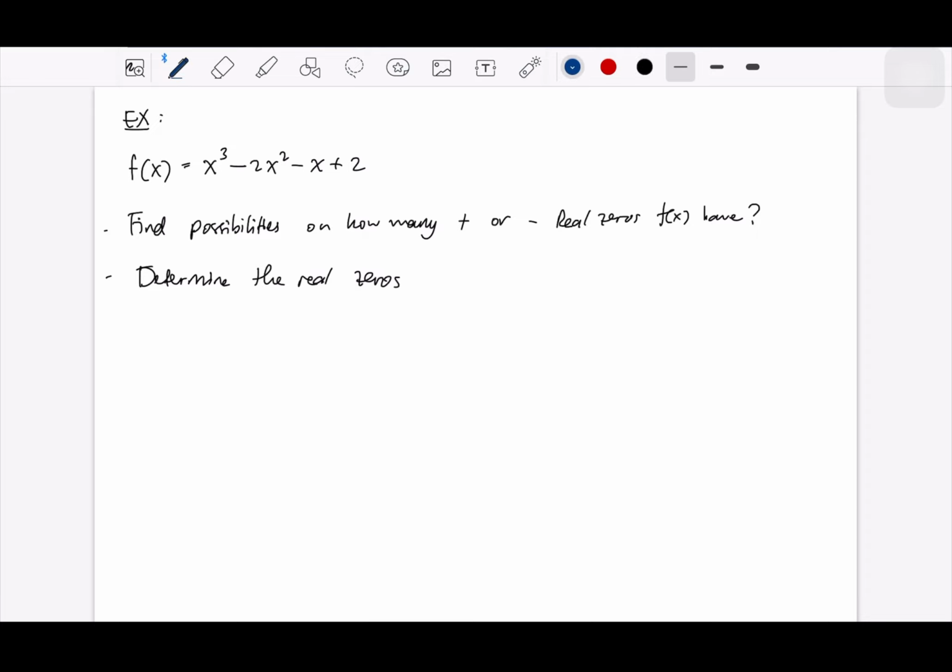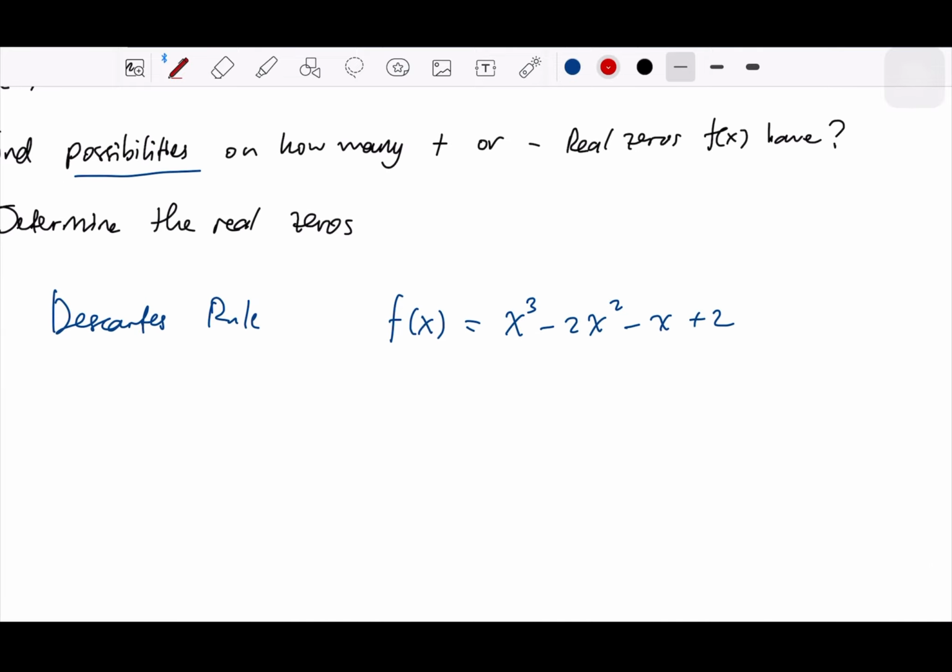Finding the possibilities means that we are going to use the Descartes rule. So we are going to check the first one, f of x. We are going to see the changes in the signs. We'll have this. Okay, so 1 and 2.